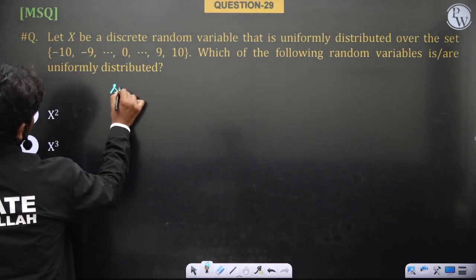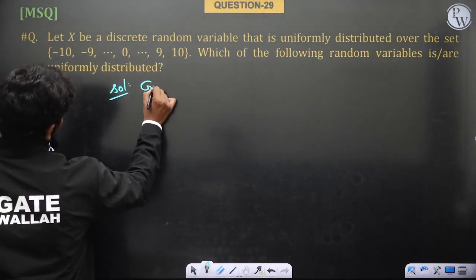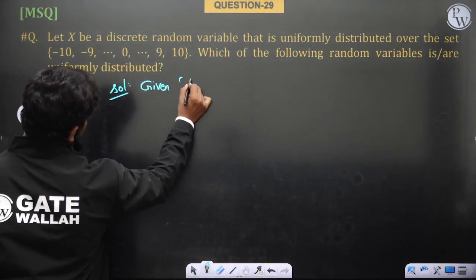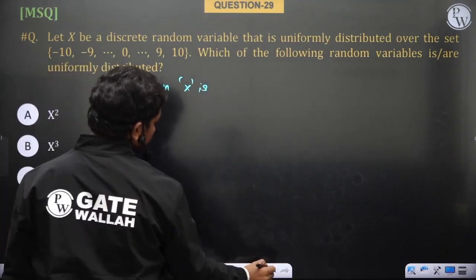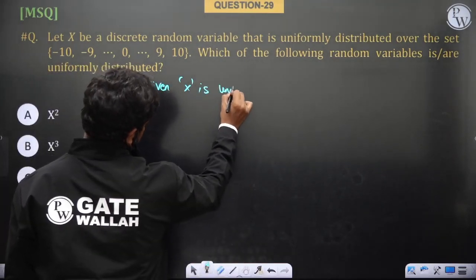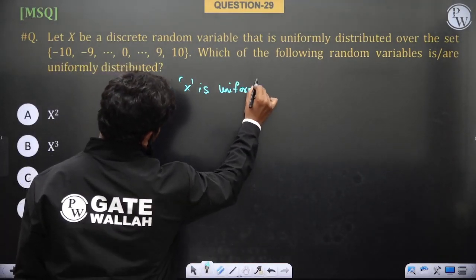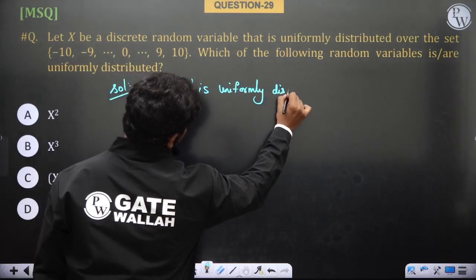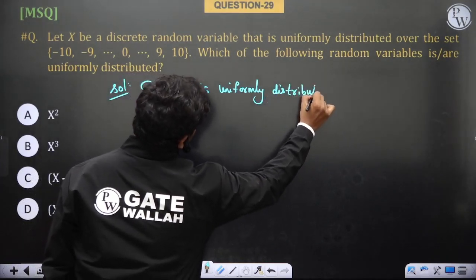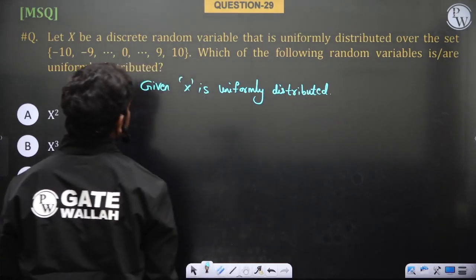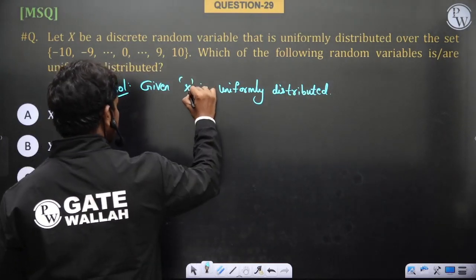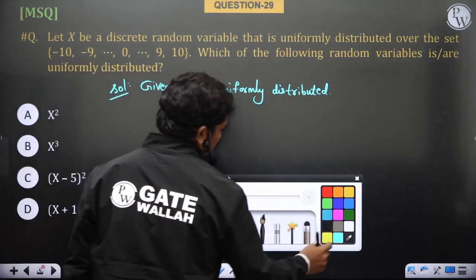So first of all, solution, let's see. Given x is uniformly distributed, okay. So if x is uniformly distributed, then let's see what we can have.